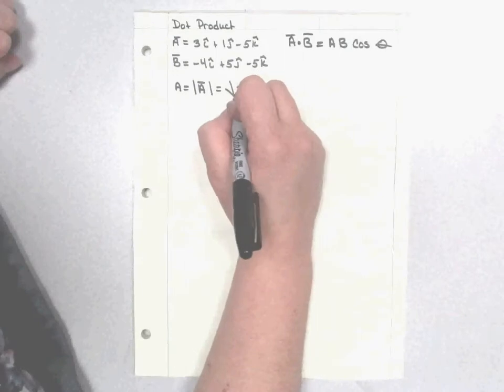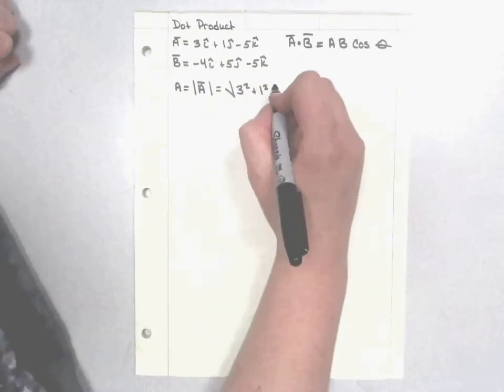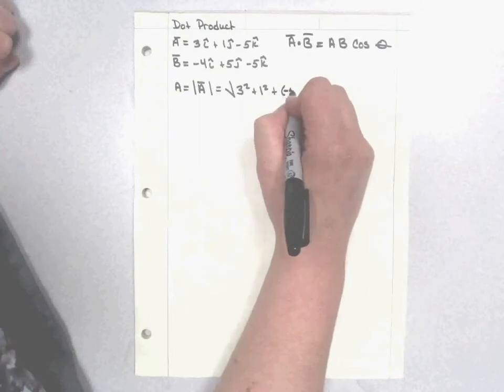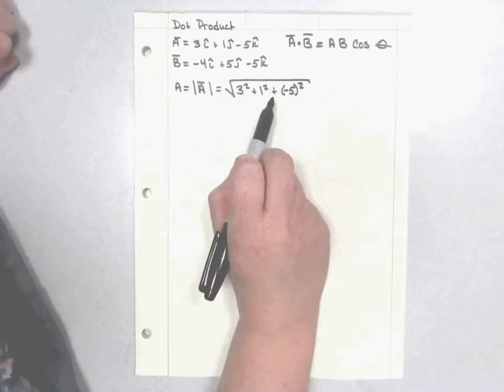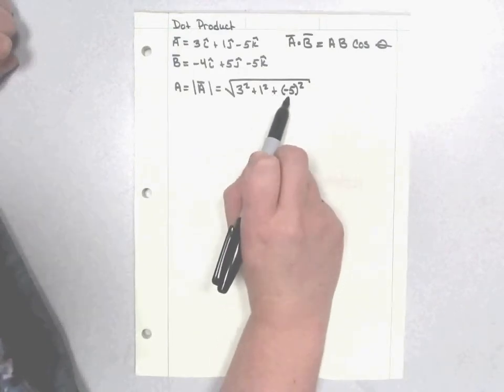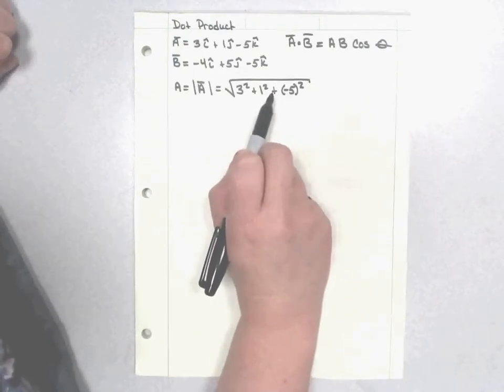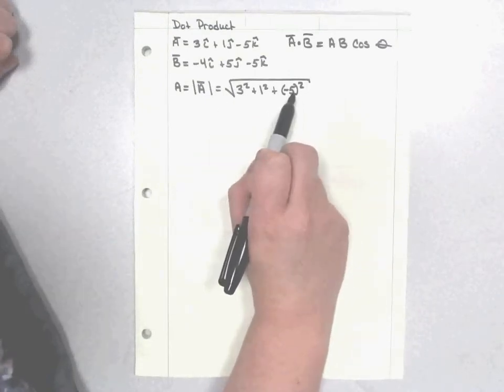So 3 squared plus 1 squared plus negative 5 squared. The reason I put plus and then negative 5 squared is because it is the sum of all of these products. Negative 5 squared will be a positive number.